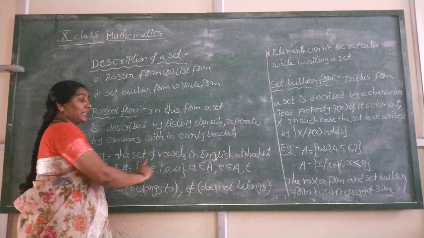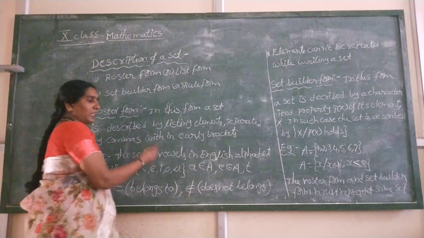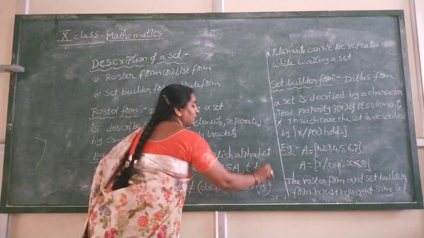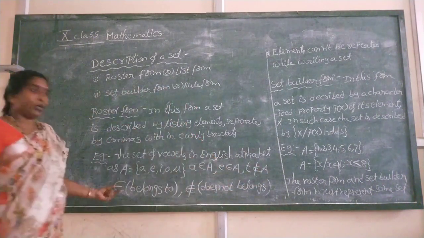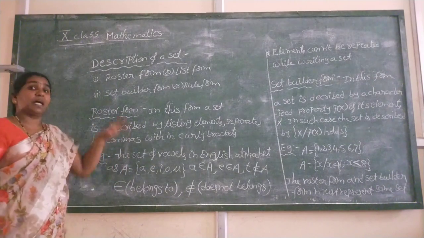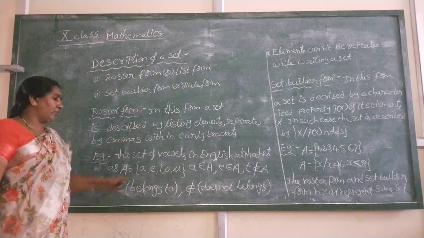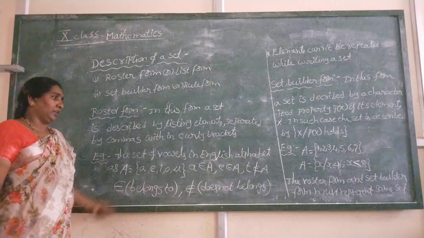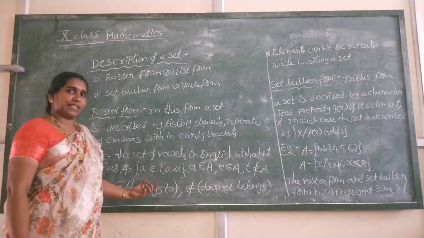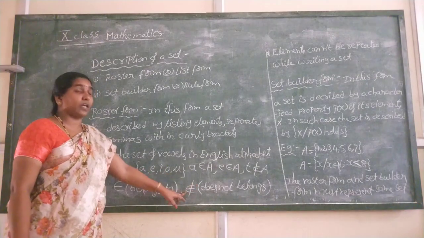No, T is not present in the set A. That's why we use the symbol does not belong to. If the element is present in the set, we use the symbol belongs to. Otherwise, if the element is not present in the set, then we use does not belong to.